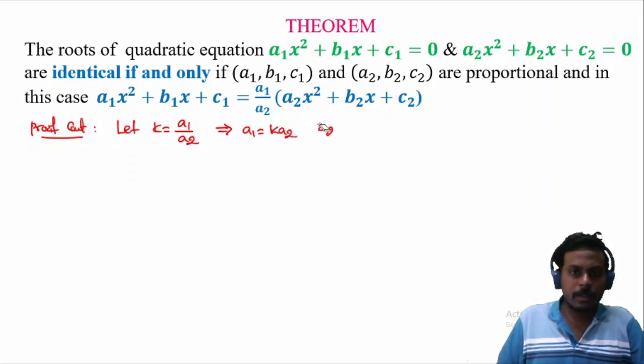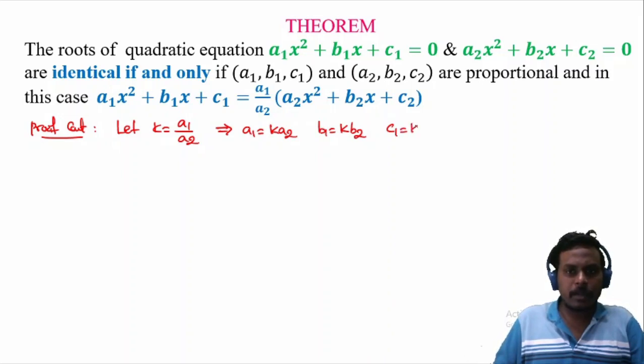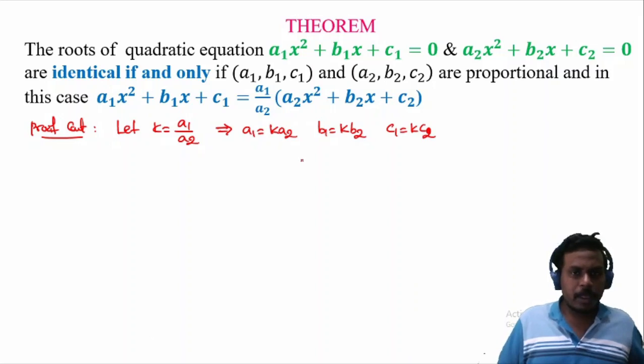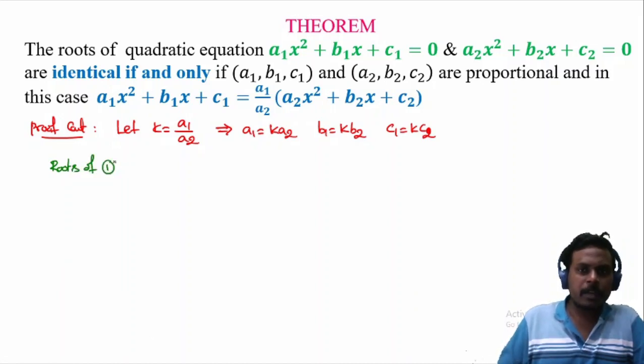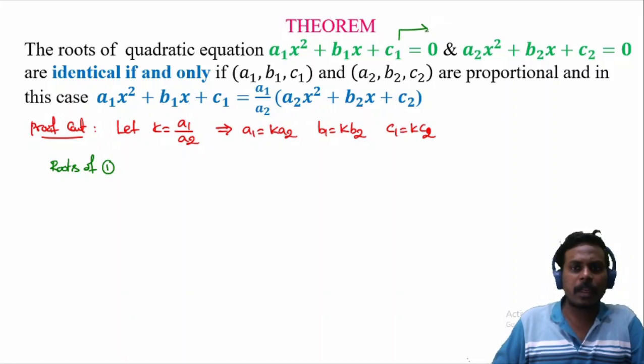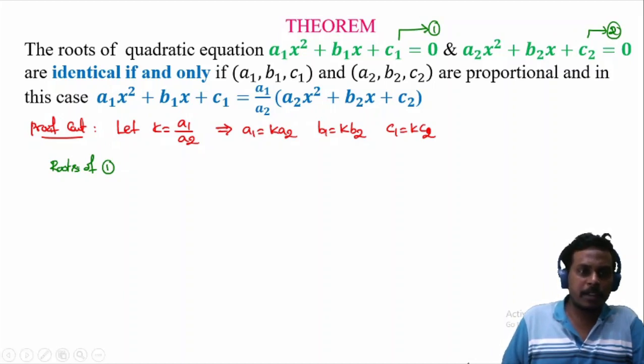Sorry, this is b1 is equal to k into b2, and c1 is equal to k into c2. Now the roots of equation 1. Of course, in the last page also we have taken this as equation 1 and equation 2.